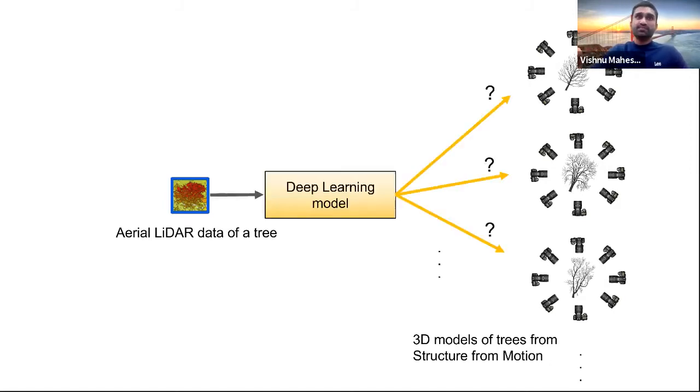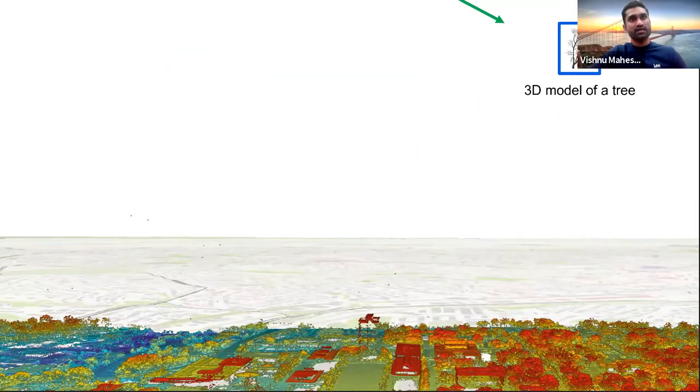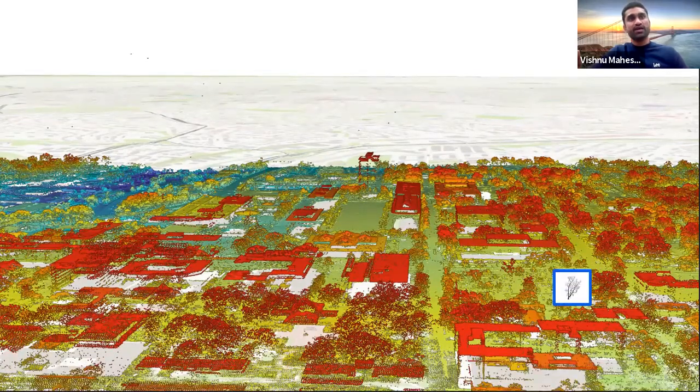Using a deep learning model, we will find the best corresponding match to our aerial LiDAR data from the realistic 3D models. Once we have the most corresponding model, we will use that particular model at the location of each individual tree in 3D visualization. This is how a 3D scene can be formed over large areas.